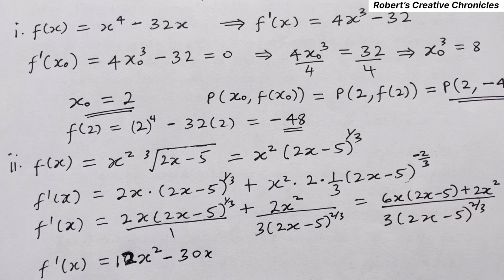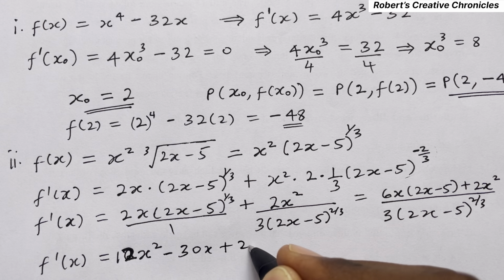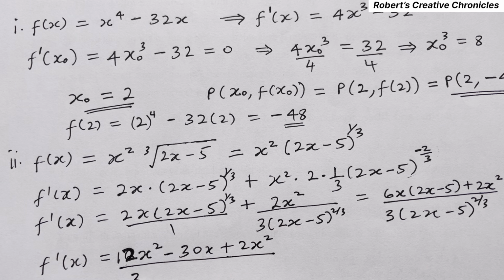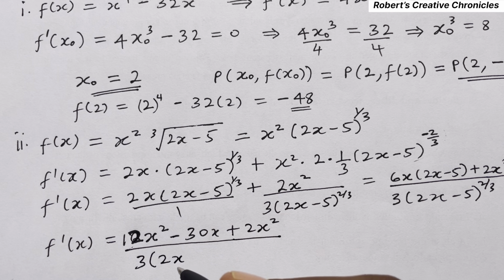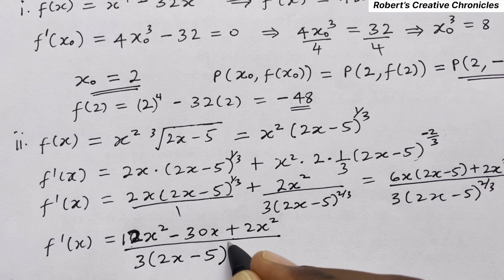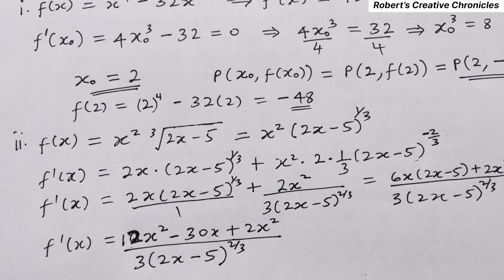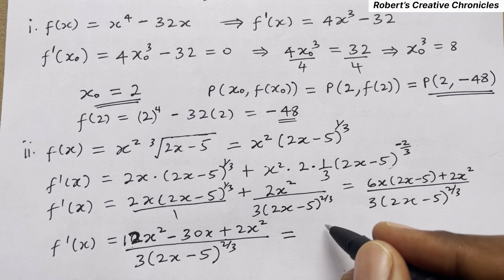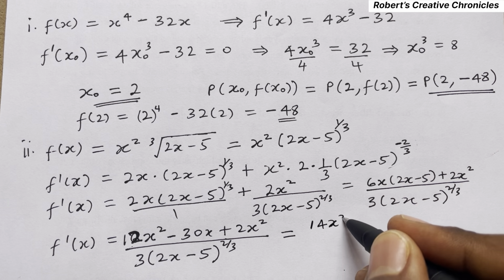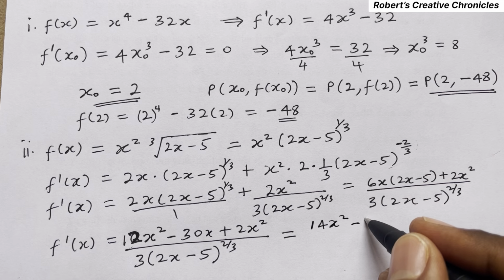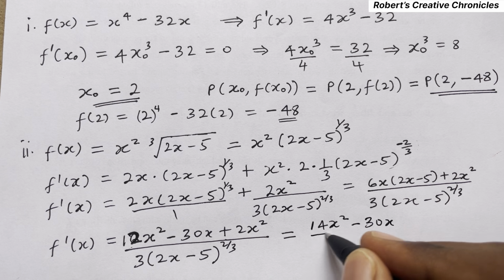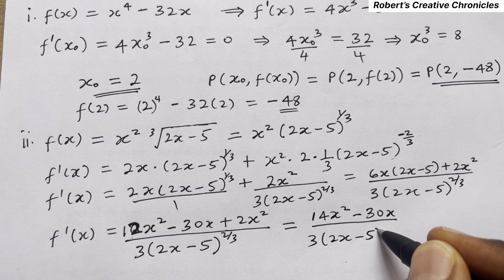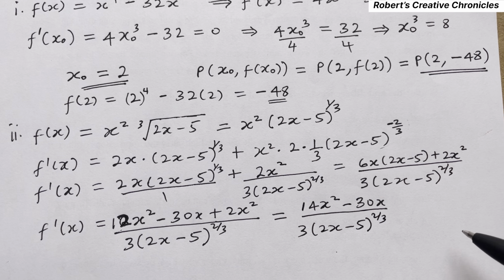This times this is minus 30x, then plus 2x squared, over (2x minus 5) to the power of 2 over 3, which is equal to, this is 14x squared minus 30x over (2x minus 5) to the power of 2 over 3.